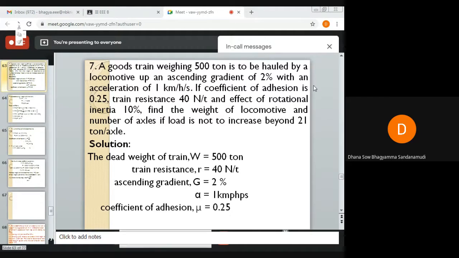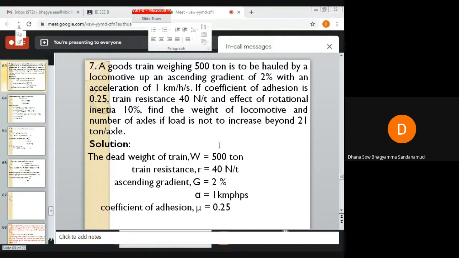And if the coefficient of adhesion is 0.25, the train resistance is 40 newton per ton, and the effect of rotational inertia is 10%, then you have to determine the weight of the locomotive and the number of axles if load is not to be increased beyond 21 tons per axle.